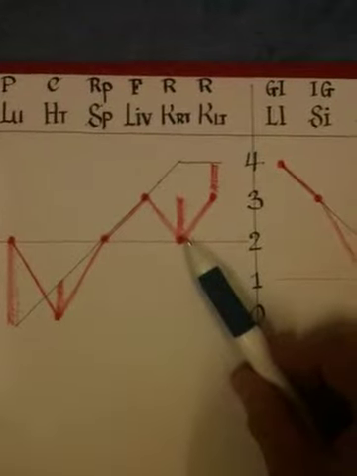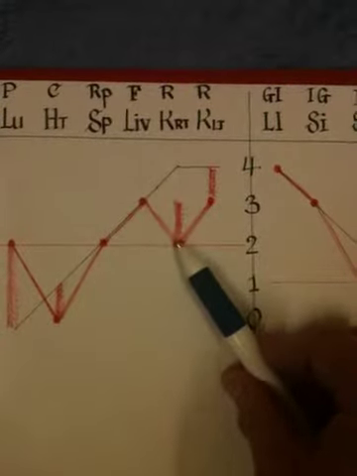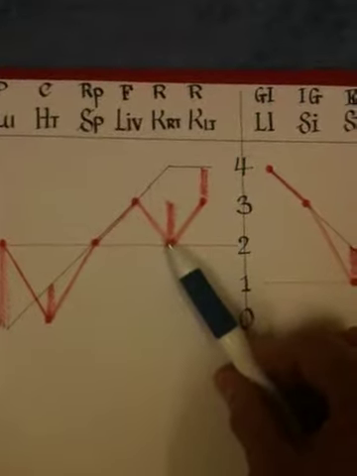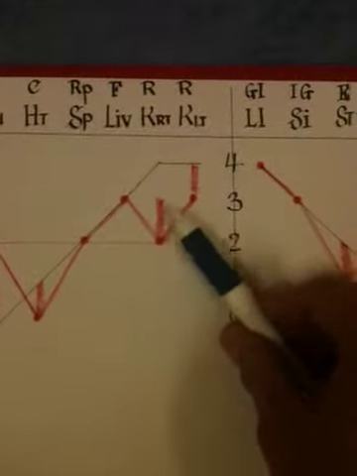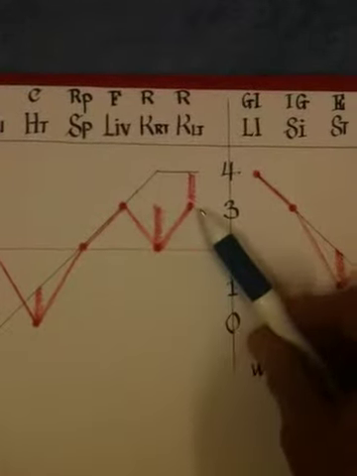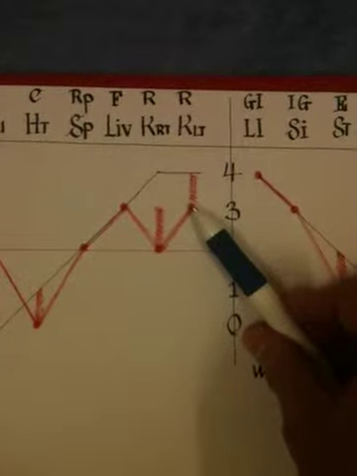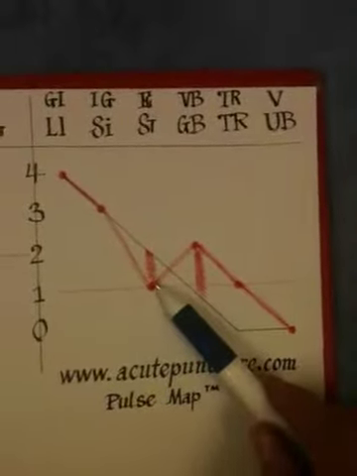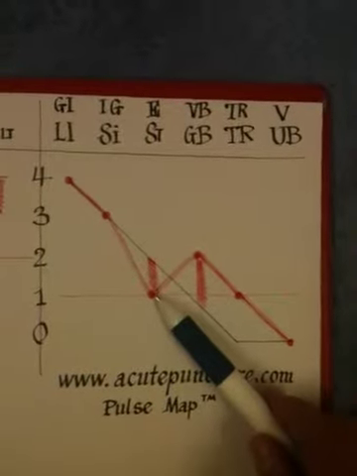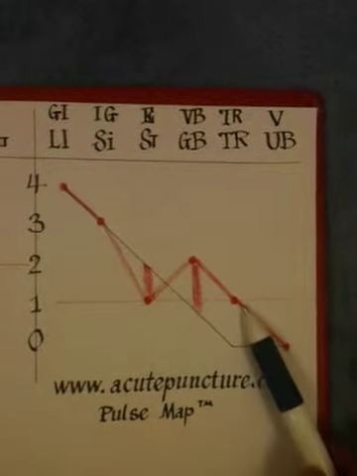We also use number 3 on the right kidney meridian, because it's the earth point, level of the spleen-pancreas. And the left kidney on the level of the liver, so we use number 1 on the left kidney meridian, the wood point.